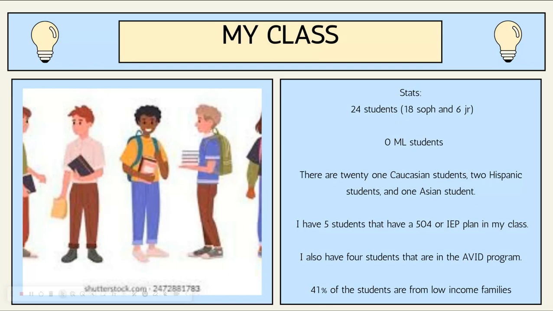There are 21 students who are Caucasian in this class, 2 who are Hispanic, and 1 who is an Asian student. 5 of my students have a 504 or an IEP plan.